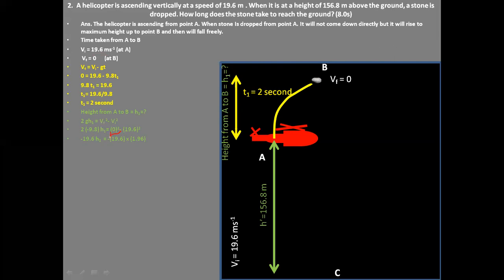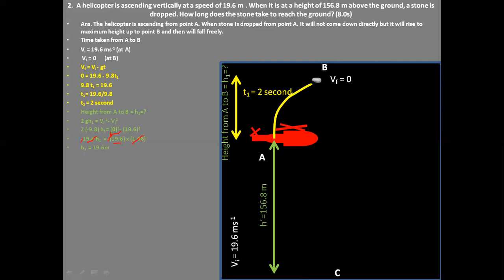Because we are taking square, I'm writing it 2 times, 19.6 and 19.6, not 9.6. So let's cancel out this 19.6 with this 19.6. The negative sign is also cancelled. So what do we get? h1 is equal to 19.6 meters.